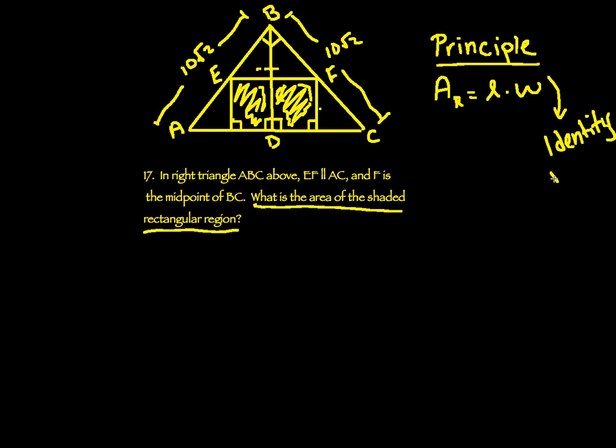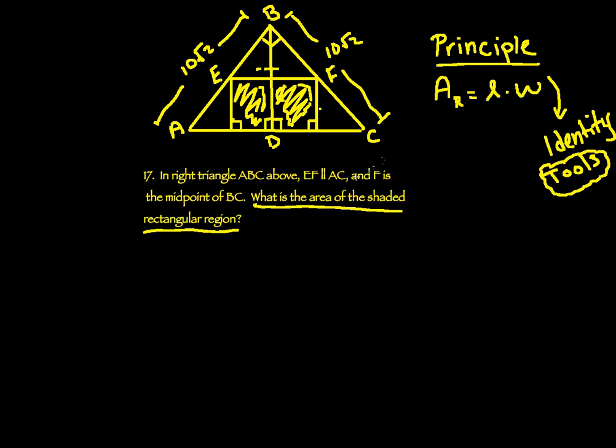And the other way we could think about it is as tools. That is, when we find out the principle, we find out what basic mathematical tools we need to use. So in this case, they give us a right triangle, so we know the tools we're going to need to use are related to right triangles. They tell us that EF is parallel to AC, and F is the midpoint of BC. Now let's start by unpacking some of these things and using some of our tools.